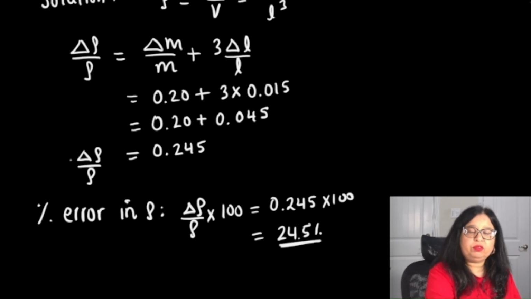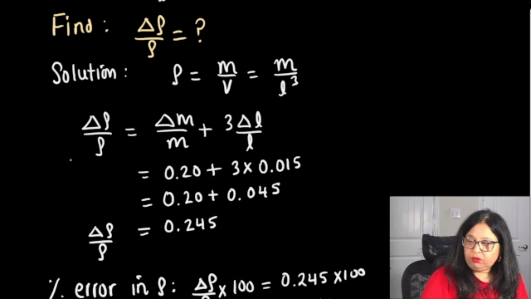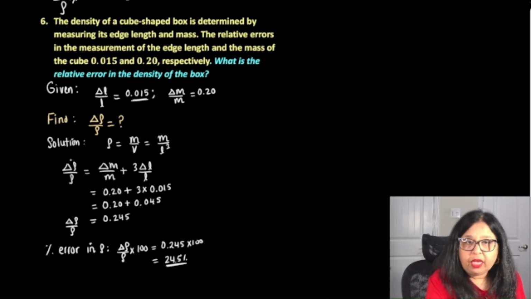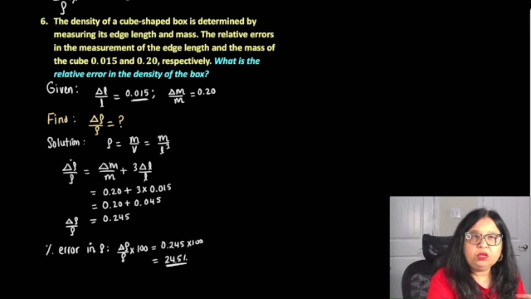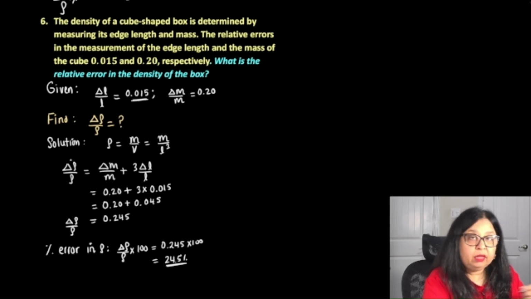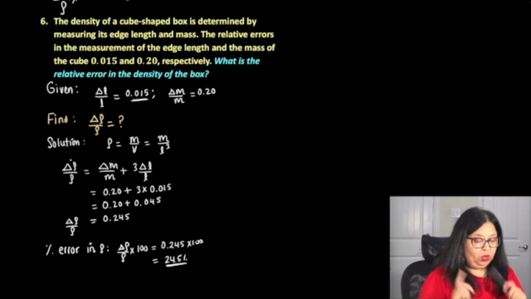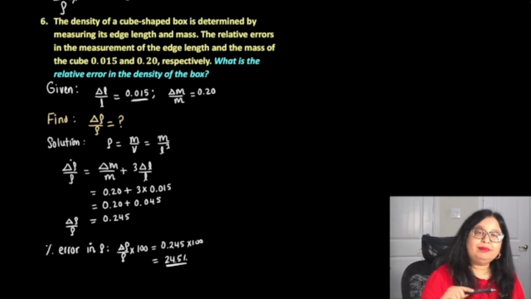Quite a bit of error actually. Alright, so it was a simple, sweet, cute, and a little problem. Not too much to do. As the lectures progress, problems are going to get more and more complicated. But it is like going over one step at a time. Alright, problem number 7 next.